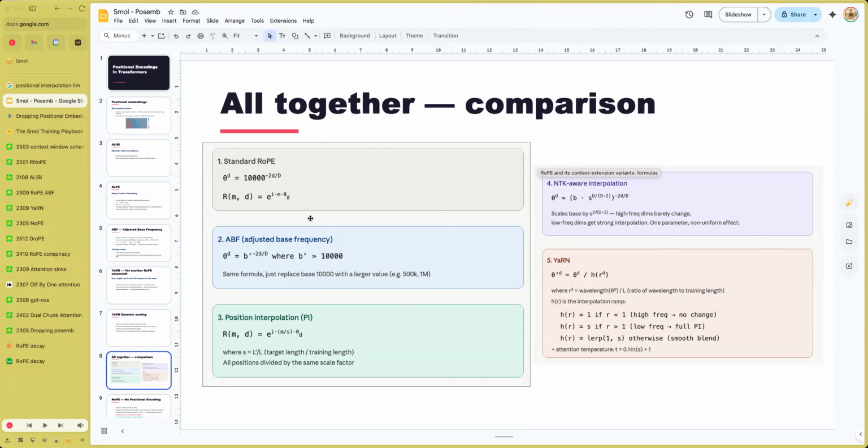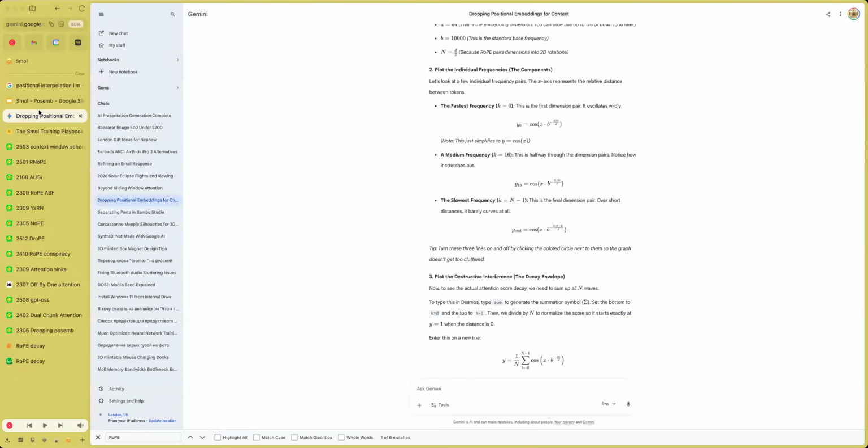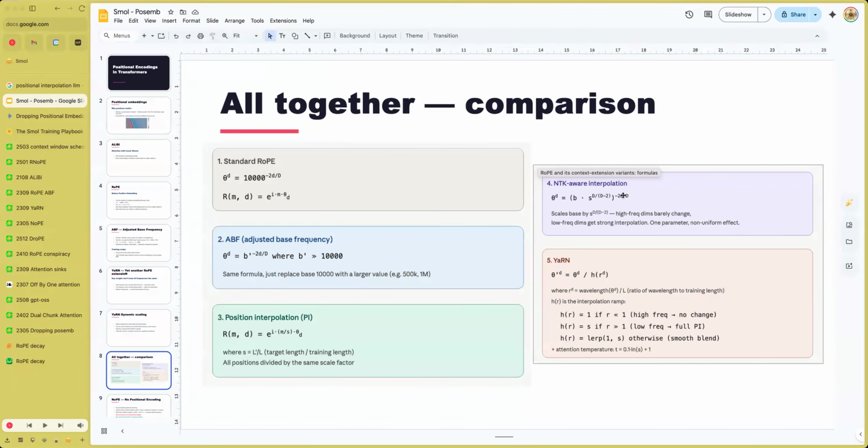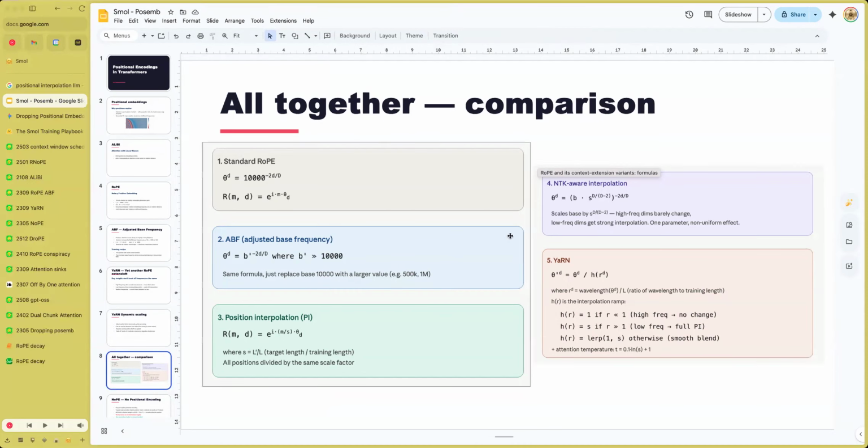We have standard RoPE, we can adjust its base frequency, we can interpolate positions linearly as we saw here. You can do basically ABF but with a smart number. These are basically the same thing, but here we have a specific number of frequency that we want to adjust to.